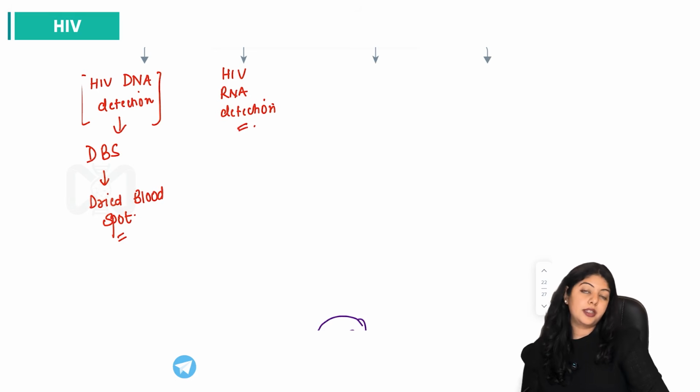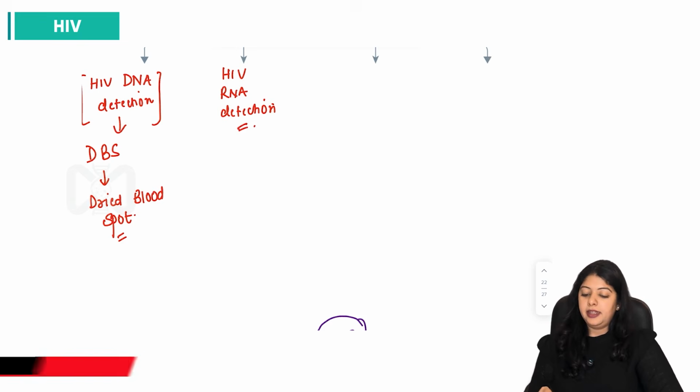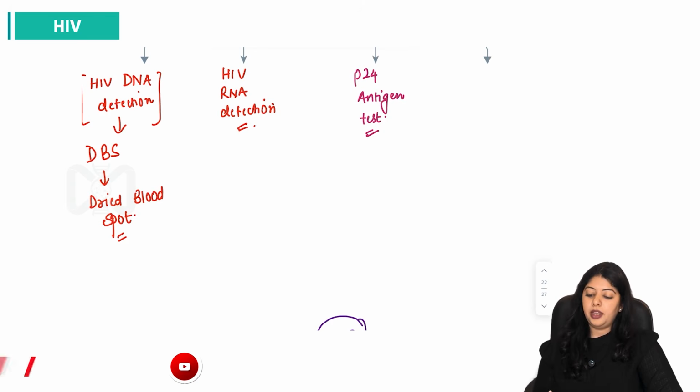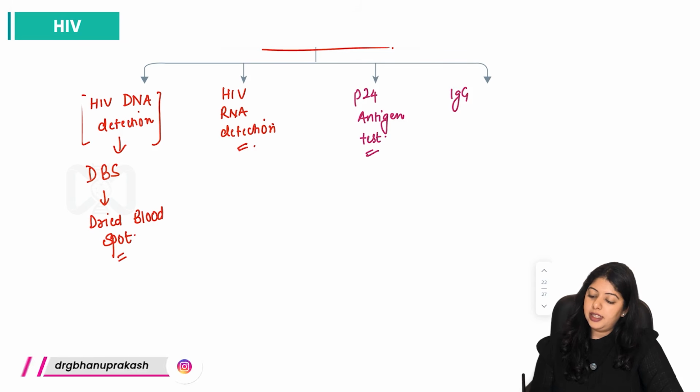We have already discussed that RNA will be useful for pediatric cases. Then the other test, a very famous test which is also useful, is the P24 antigen test. And the last one is the IgG test, only after 18 months, right?